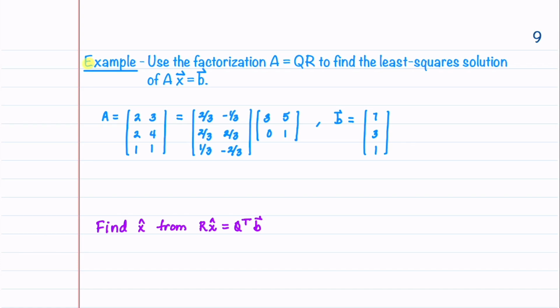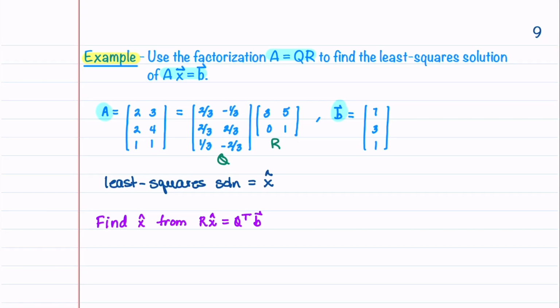Let's walk through an example where we're going to use the factorization A equals QR to find a least square solution of Ax = b. We're given matrix A, and it's equal to a matrix Q times a matrix R, and then we're also given our vector b. Let's let our least square solution equal x hat.